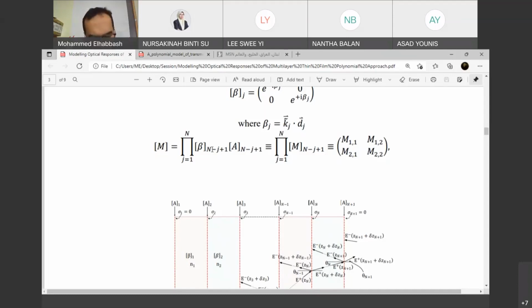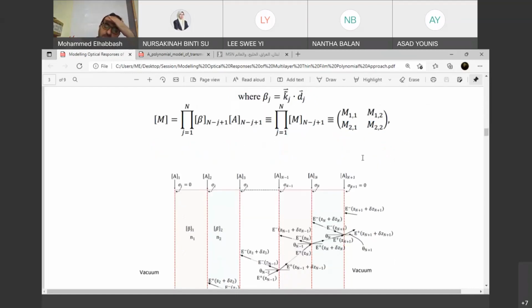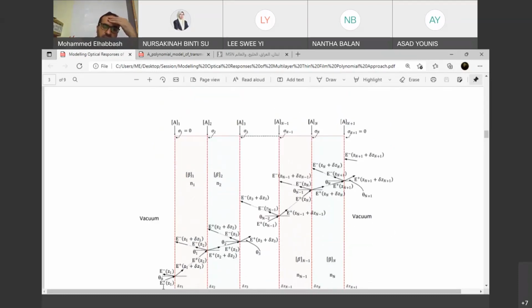So we will start by the last propagation matrix, and multiply it with the interface matrix between layer N and layer N-1, and this will be this matrix. This matrix we call the transfer matrix, which describes the behavior of the electromagnetic field when it passes from the left to the right.